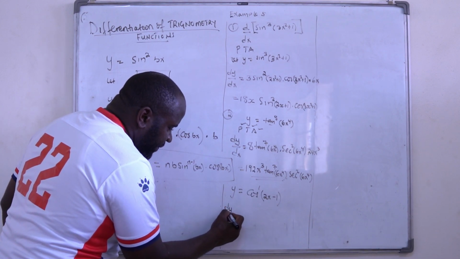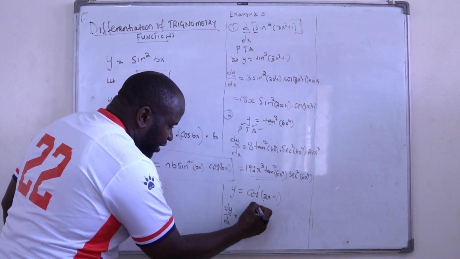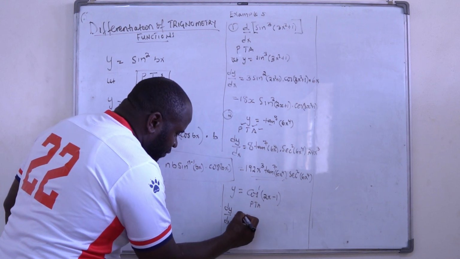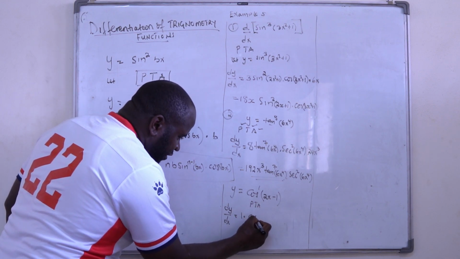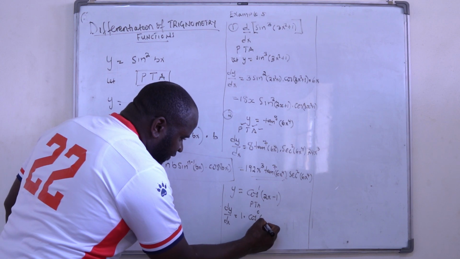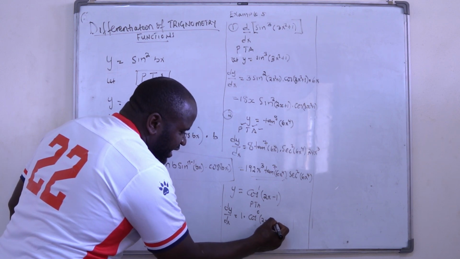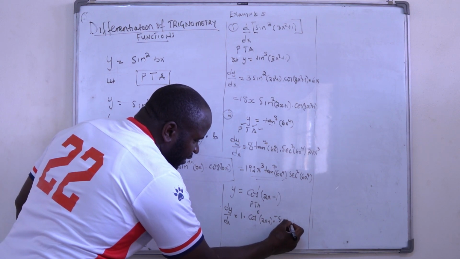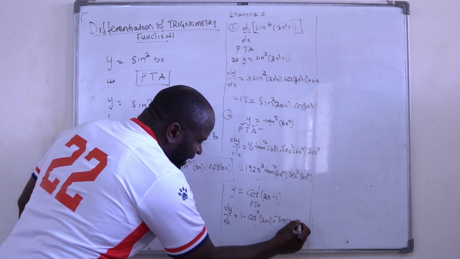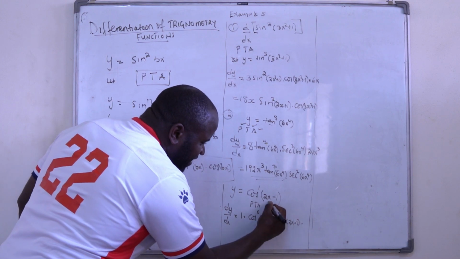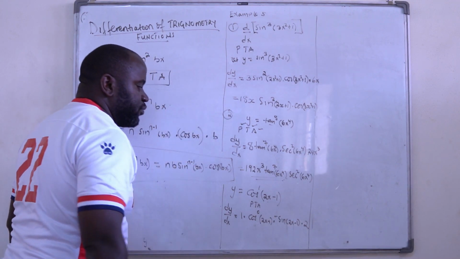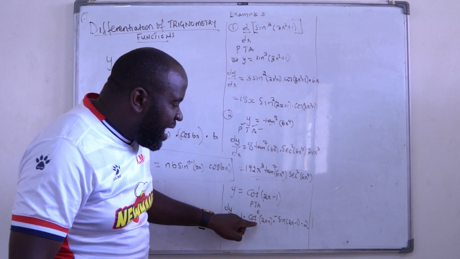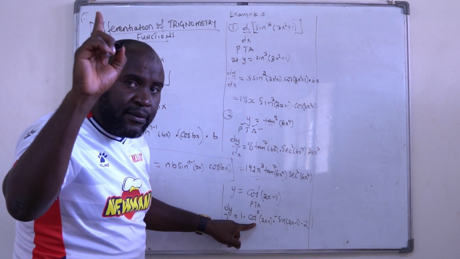So dy dx will be, when I use PTA, the power is 1, so I'll get 1. Cos to power 0 of the same angle, times the derivative of cos, you get a negative sine of the same angle, 2x minus 1, times the derivative of the angle 2x minus 1, you get 2. But any number to the power 0 is 1.